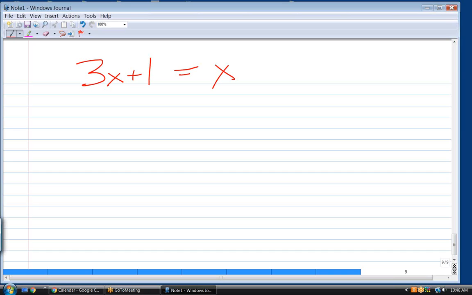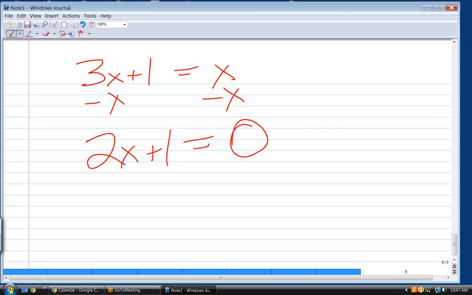So if I want to gather my x terms on the left side of the equation, what do I have to do? 3x minus x. Correct. In other words, I have to subtract an x there to get rid of it, which means I have to do the same thing over there. Now that gives me 2x plus 1 equals 0, because x minus x is 0.